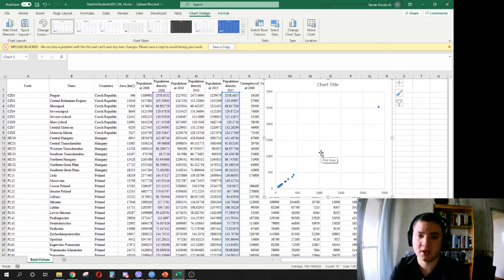So there isn't a huge rearrangement in population density. The rural areas did not move in population and people, but we have a very huge outlier in Prague.